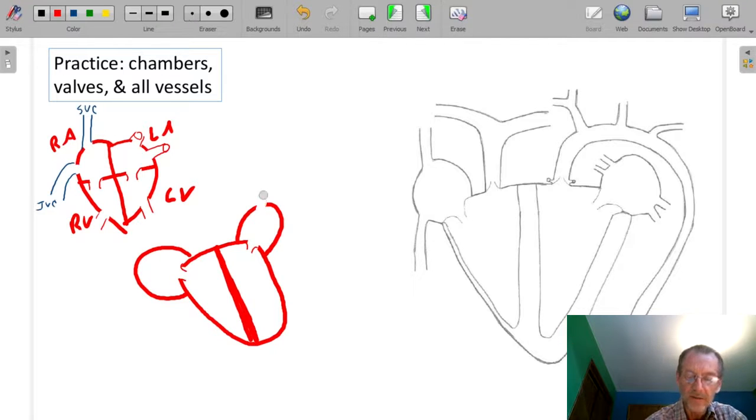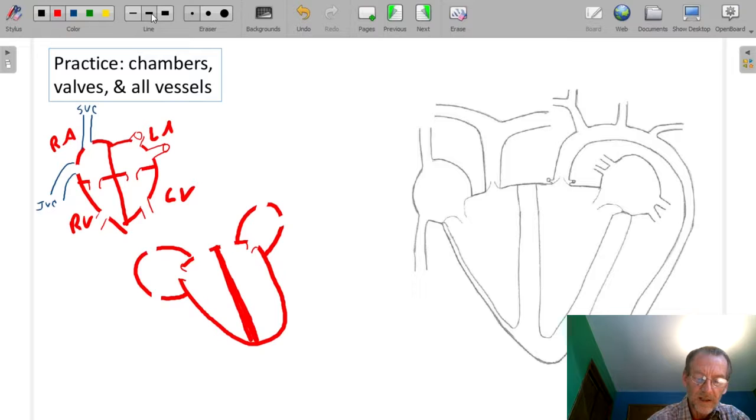And you can still go ahead and put in your pulmonary veins and your vena cava, etc. And then you can draw in the aorta and the pulmonary trunk coming out of the ventricles.